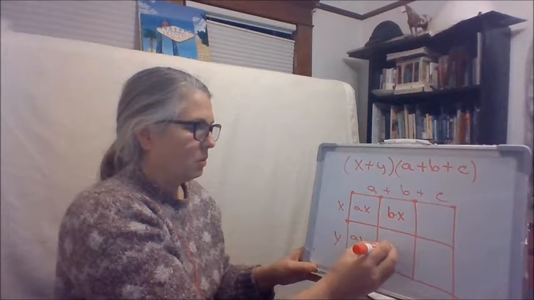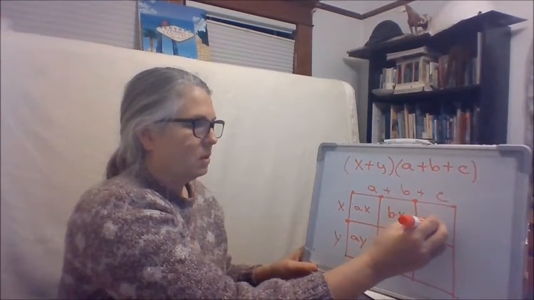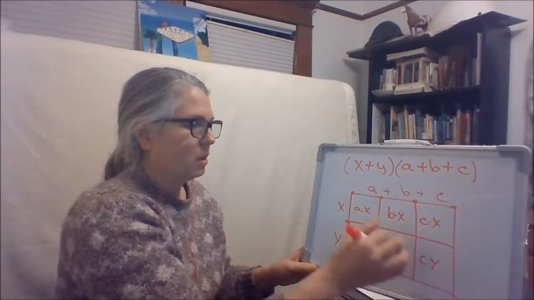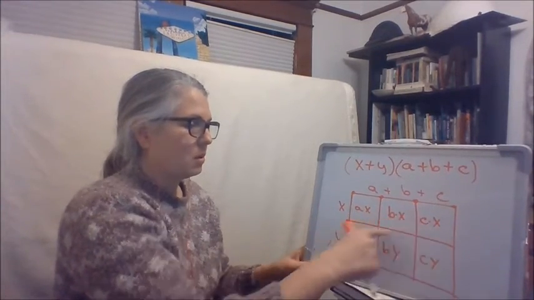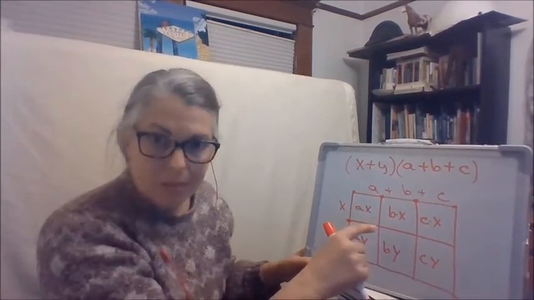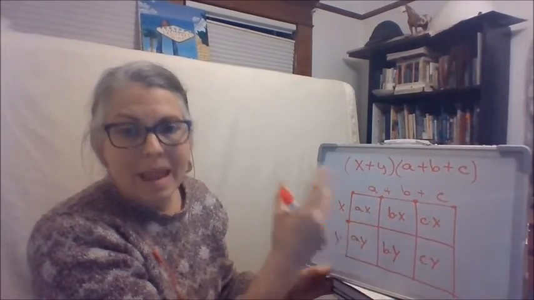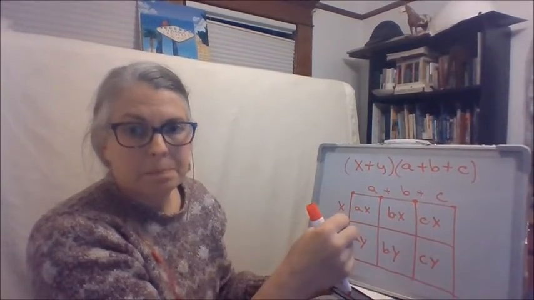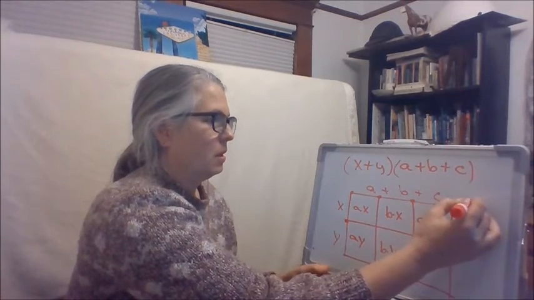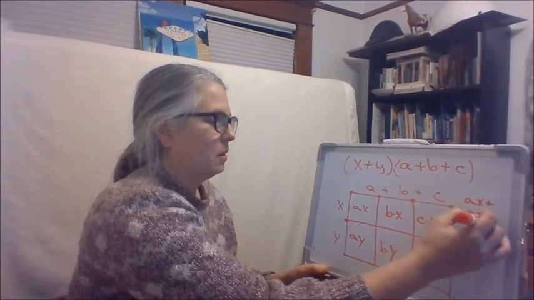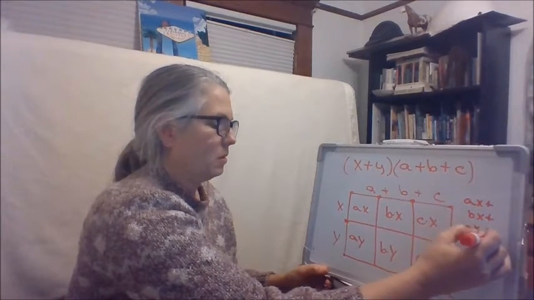The area of this whole rectangle is this plus this plus this plus this plus this plus this. Not times, plus, right? I'm adding up these little areas. So my whole area is going to be ax plus bx plus cx plus ay plus by plus cy.